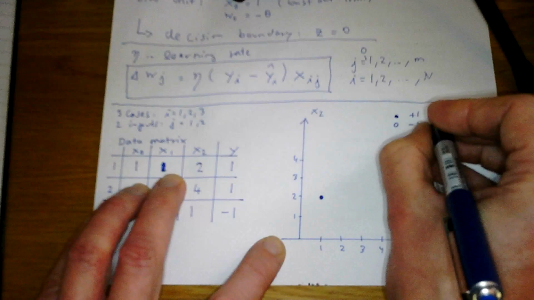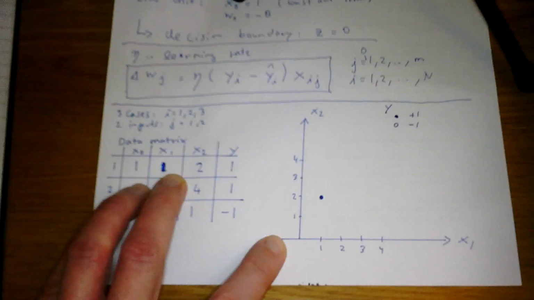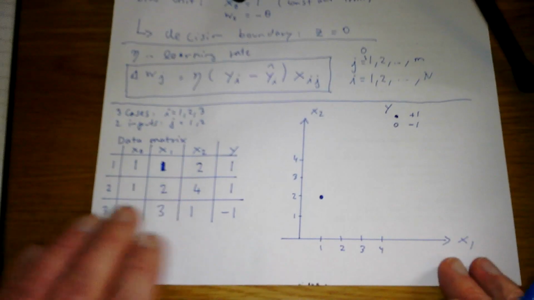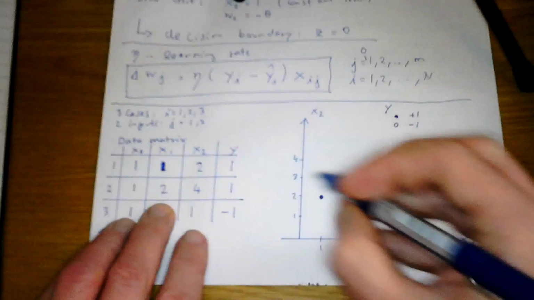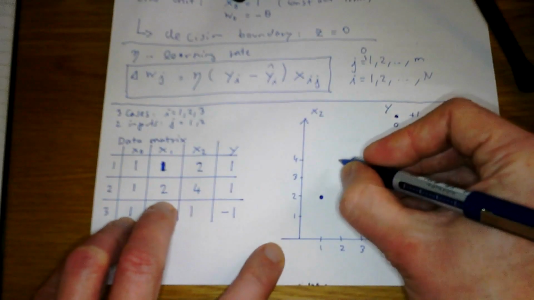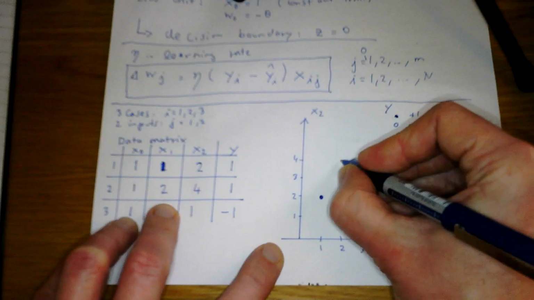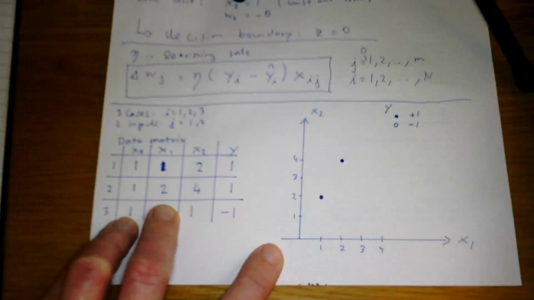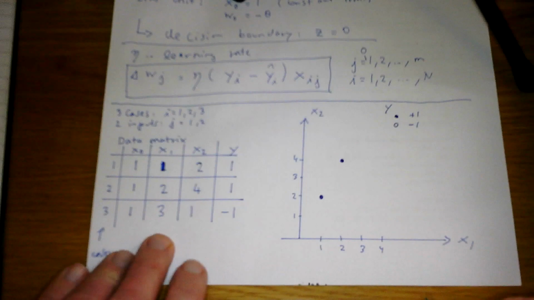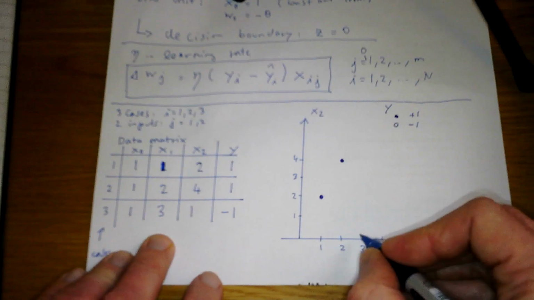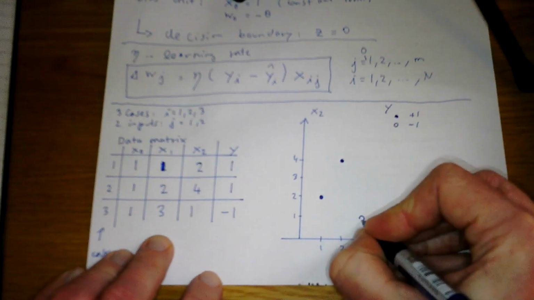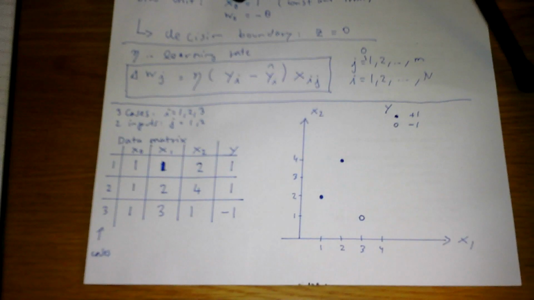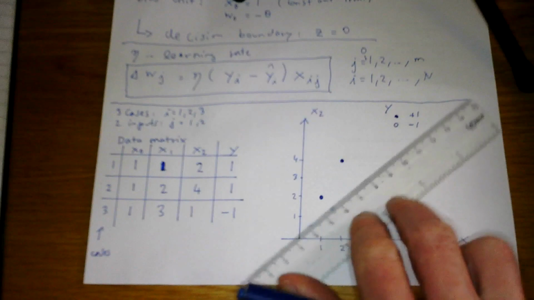That is my actual classification based on my training data. When I go to number 2 and number 4, I'm somewhere up here, again this is +1, that's my second observation. Then my third observation is a 3 and a 1, it's here. Good. Now, of course, we intuitively know that we could separate these cases just by putting a line somewhere here.